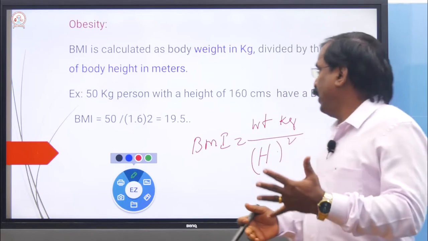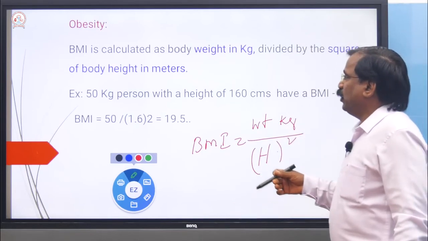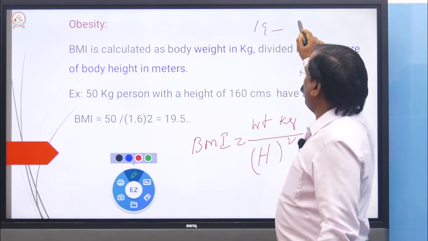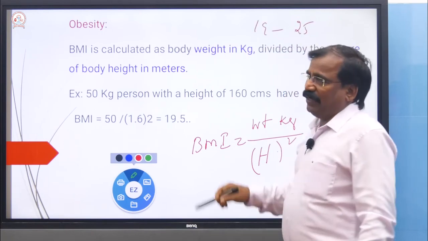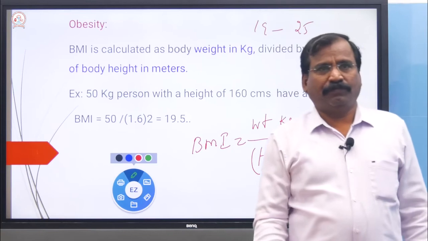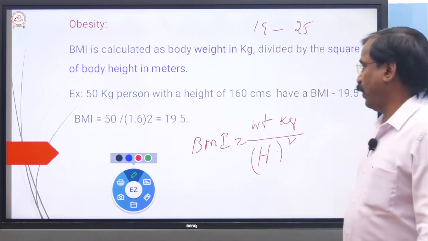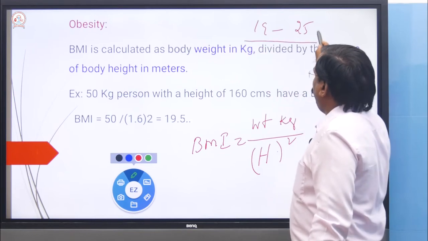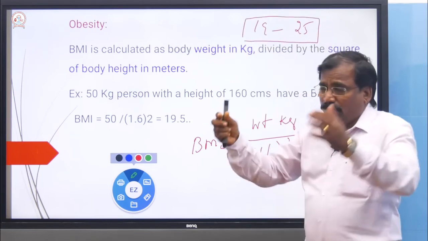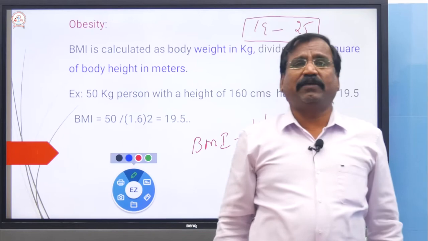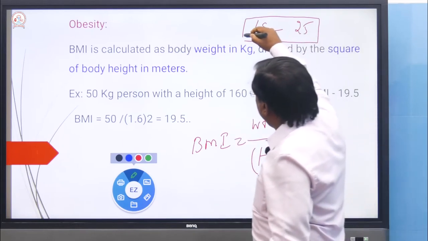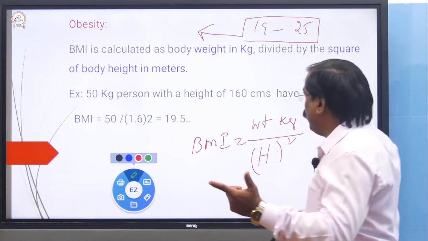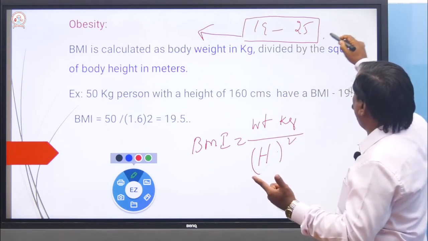If you divide your weight in kilograms by height in meters squared, you get a quotient. It should be between 19 and 25. If the quotient falls between 19 and 25, you are perfectly all right. If it is less than 19, you are lean. If it is greater than 25, you are obese.